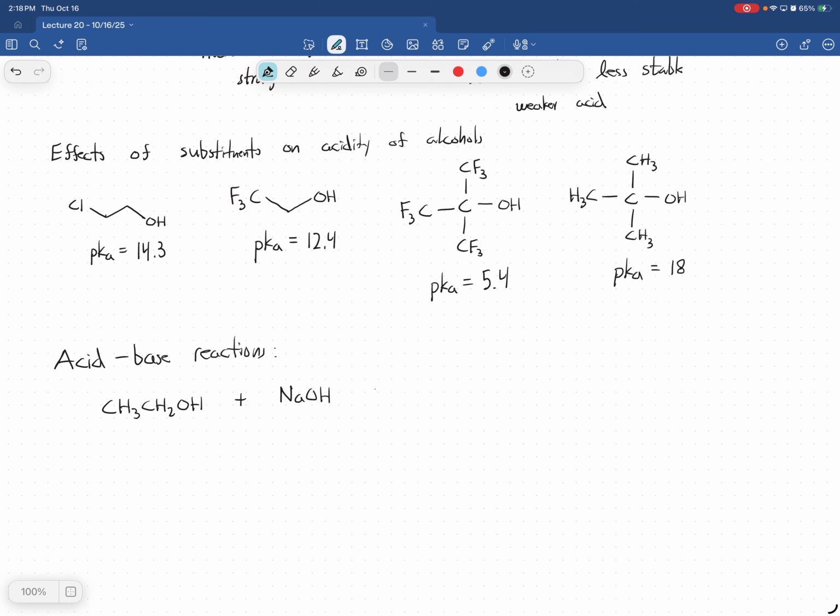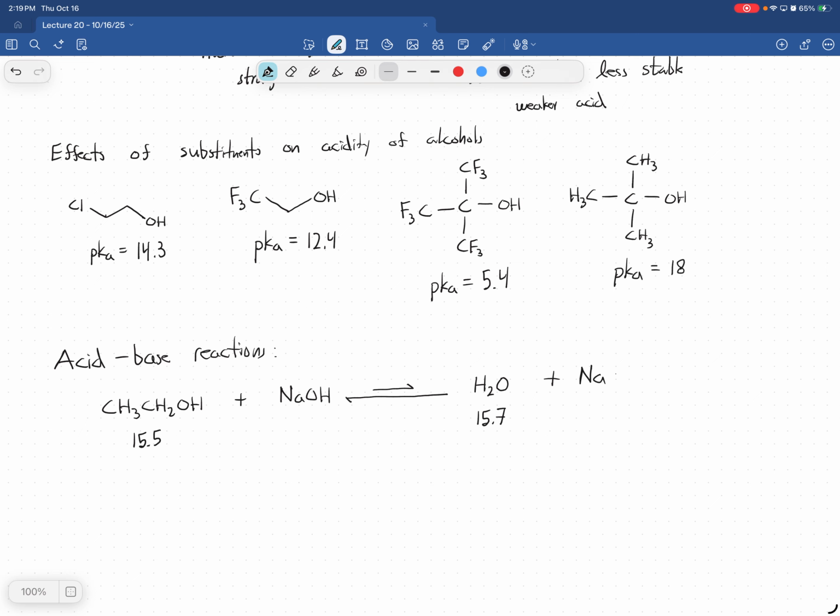Nothing will really happen. That's because the equilibrium here is shifted to the reactants, so it's not really going to do much. And we can see why. H2O here, its pKa is 15.7. And ethanol here is like 15.5. So let's do 15.5 or 6. Okay? And what do we know about acid-base reactions?